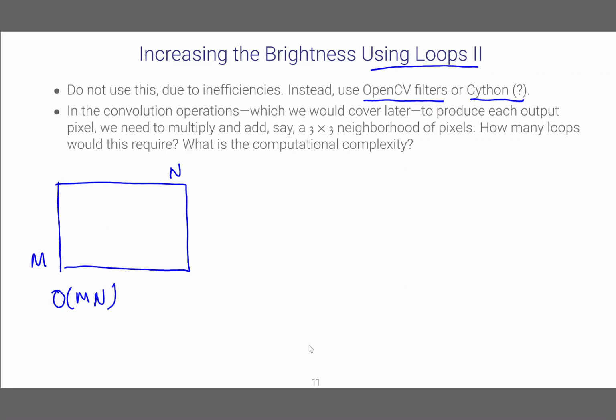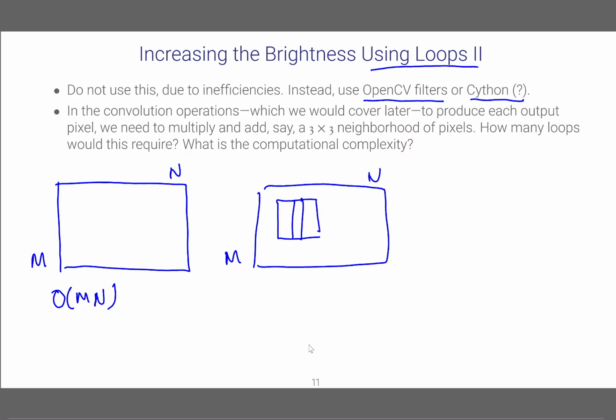But if you want to do a convolution operation at every pixel, that means you have to multiply by a k by k window what is underneath. For example, in this case 3 by 3, what would be the computational complexity? So it would be big O of mn k square. So it is a bit of a complex operation. Okay.